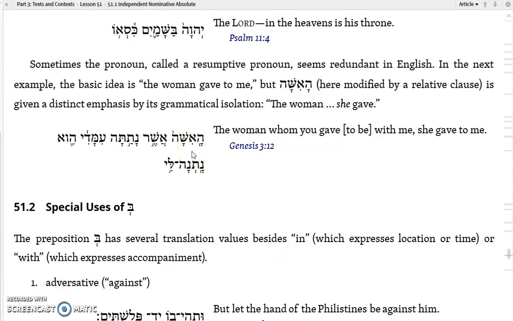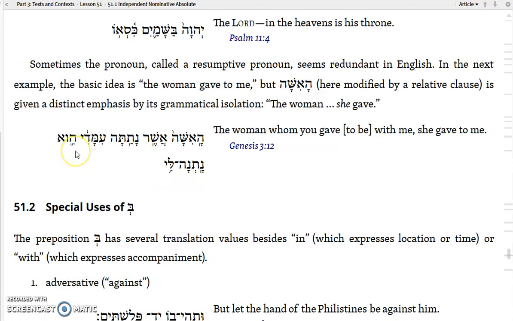Ha'isha, the woman whom you gave to be with me, imadi. And then I could translate the hi as, well, she, gave to me the fruit to eat in the story of the forbidden fruit.